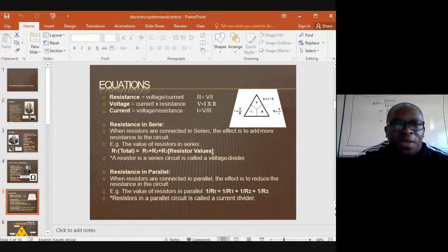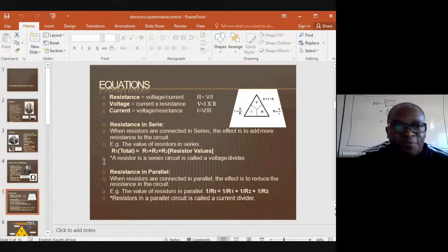With that being said, you can also calculate the value of resistor 1, the value of resistor 2, the value of resistor 3, and so on, depending on the number of resistors that you have. So this is the total resistance. You must know the total resistance of the circuit. And you can also calculate the value of resistor 1, resistor 2, resistor 3. In most cases, it will be given.